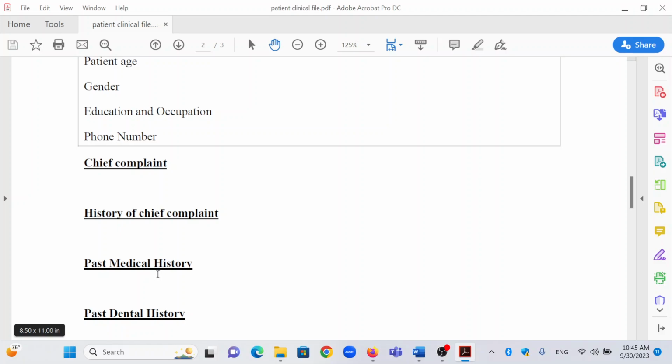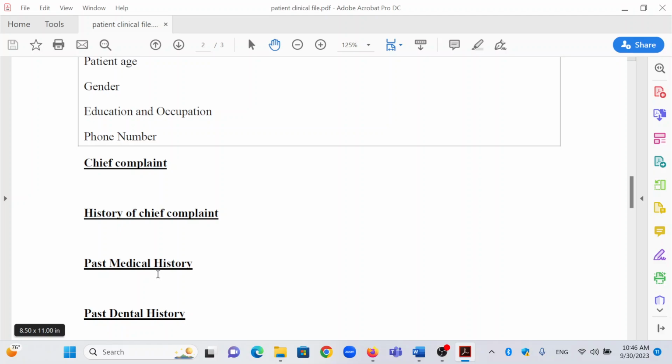For example, hypertensive patients, patients with heart failure, renal disease, liver disease, patients on certain medications like corticosteroids or anticoagulants. All of these patients may need modifications in the dental treatment plan so as to avoid potentially risky dental treatment.